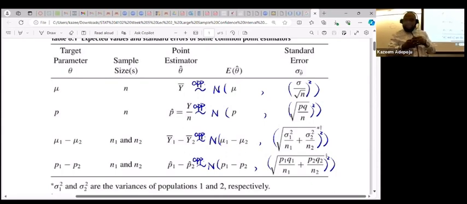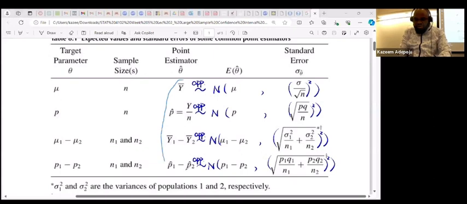When that happens, the corresponding estimators, when you take a look at all of these, are all going to follow a normal distribution, and their means are going to be the target parameter values.